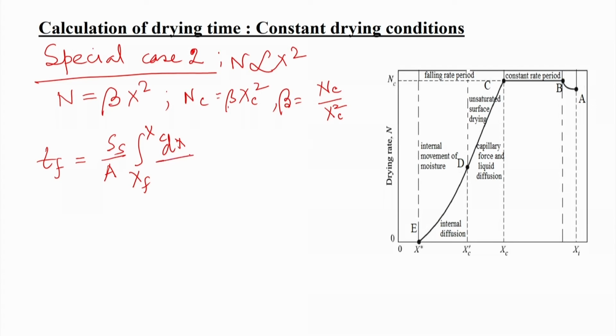So, we will be putting the integral from x_f to x_c of dx by n, where n is beta into x squared. Ultimately we will be getting S_s/A integration from x_f to x_c, with beta taken out and kept here, of x to the power minus 2 into dx.